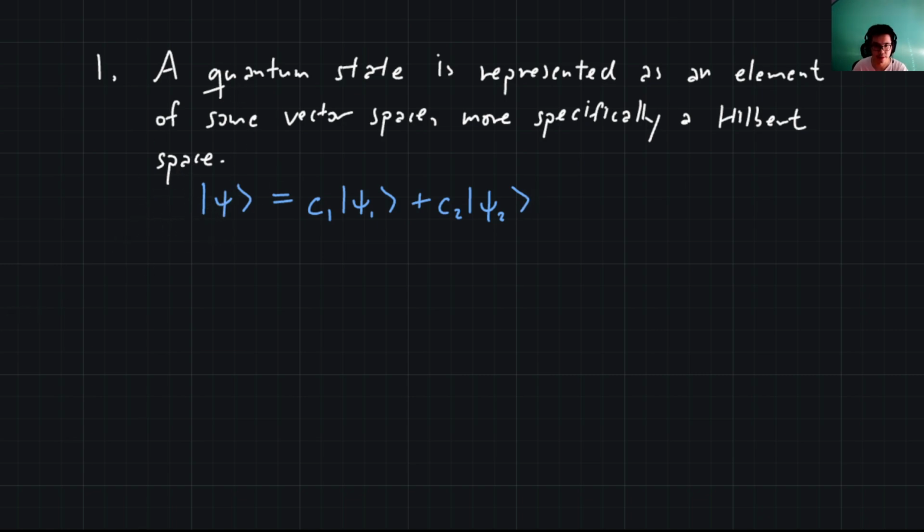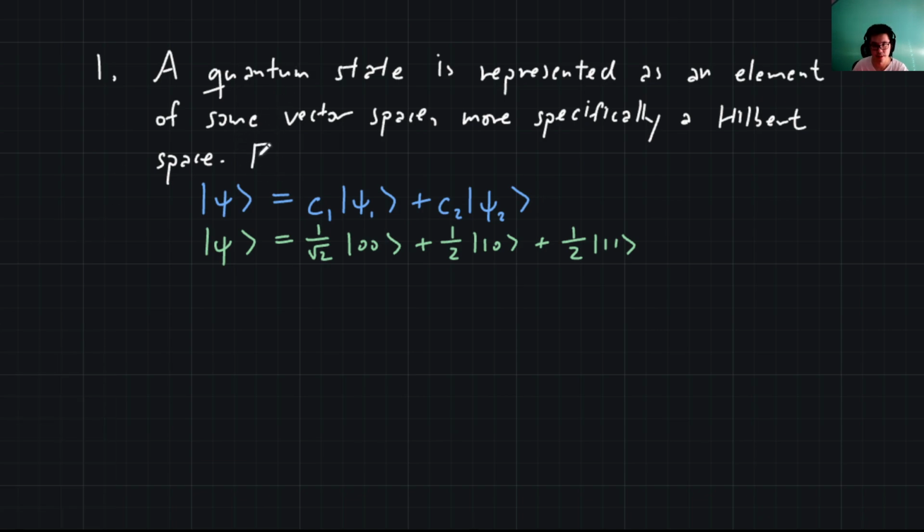So let's say a qubit could be seen as root half of 0, 0 plus half of 1, 0 plus half of 1, 1. So this is a particular state in a 2-qubit system.